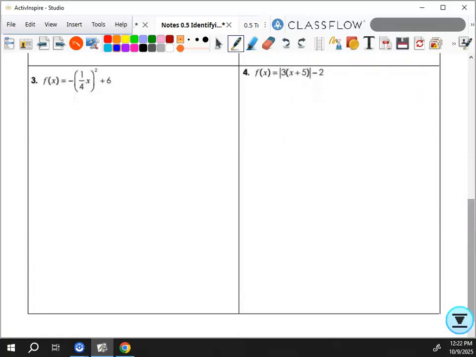All right, so on this one, this is a quadratic. So I'm going to box the squared part here. I start with that negative. Negative is outside the box, so it affects what? Y. So this is a reflection across which axis? X. Good.